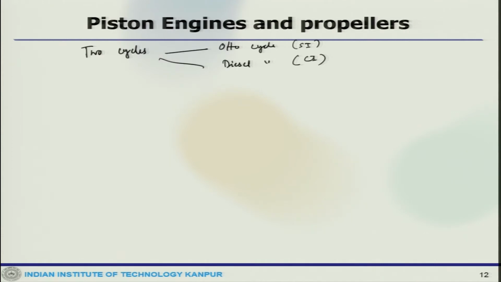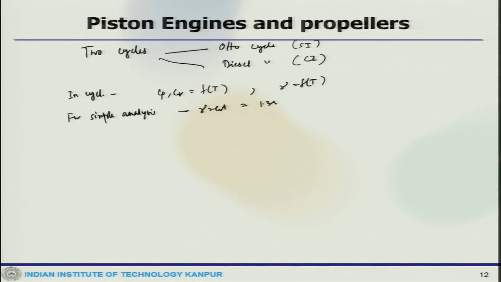Realistically in the cylinder, Cp and Cv are functions of temperature, so gamma also becomes a function of temperature, but to simplify the analysis, we will say gamma is constant, and we will use some average value of 1.35.